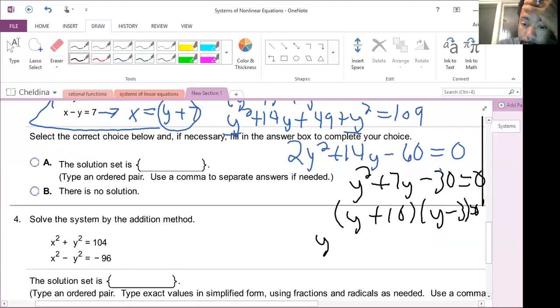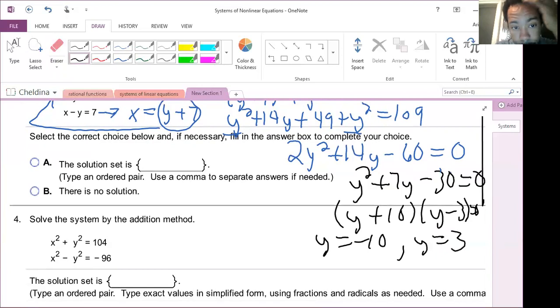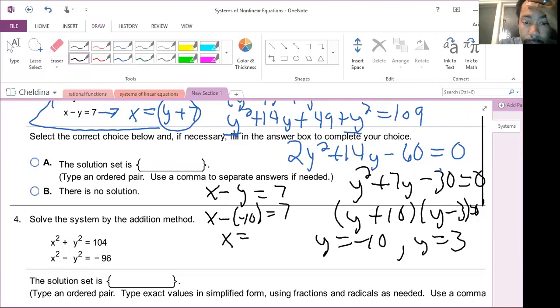And so y is equal to negative 10, or y is equal to 3. We know that x minus y is equal to 7, and so x minus negative 10 is equal to 7. X is equal to negative 3.